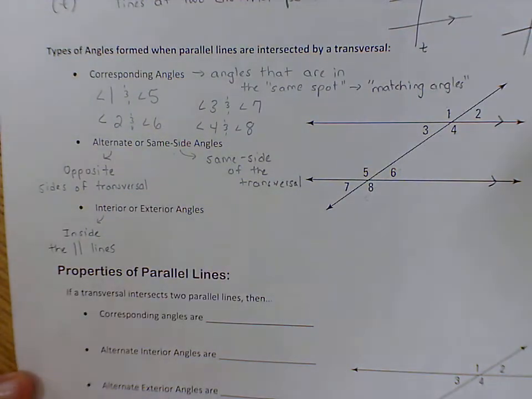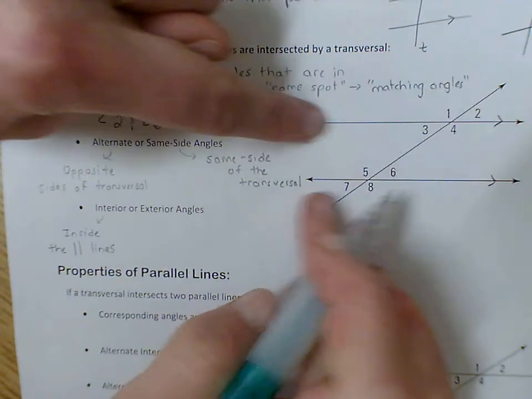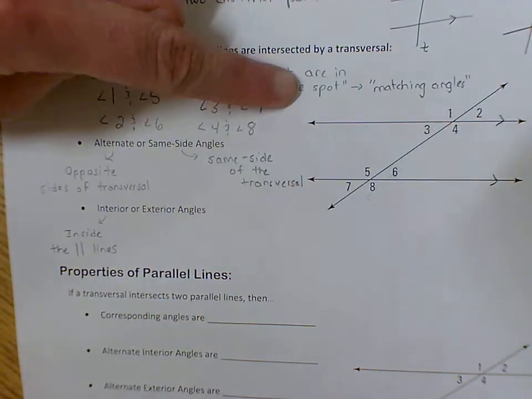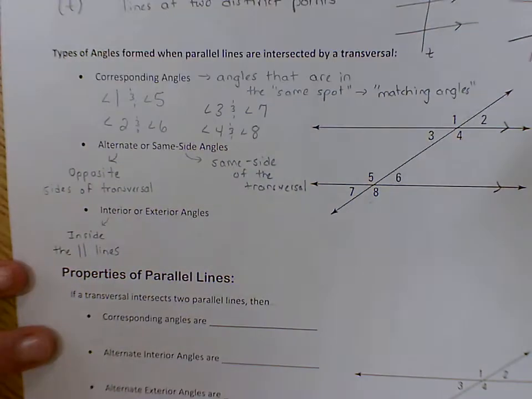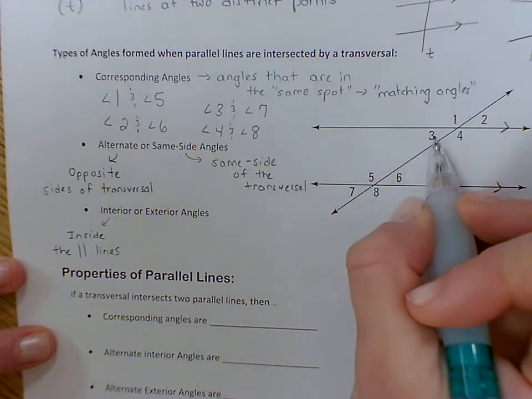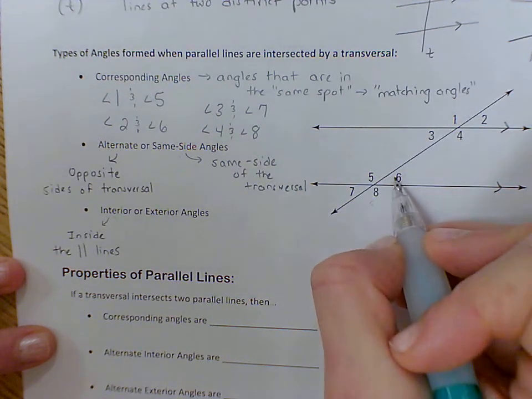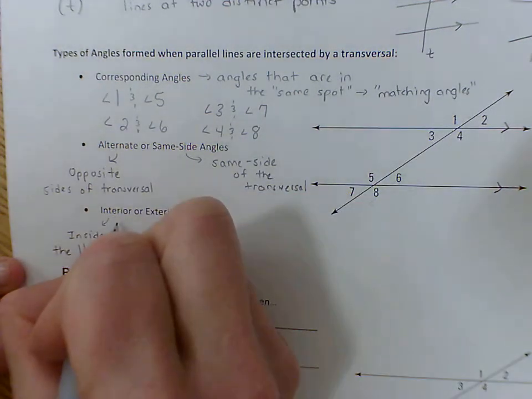Here's the bread of my sandwich. If I close my sandwich, think about which angles would be closed in there. Those would be your interior angles. So if I look inside my parallel lines, angles 3, 4, 5, and 6 would be inside my sandwich if I closed them. Those would be called interior.